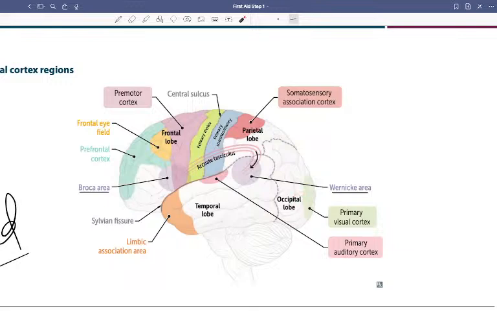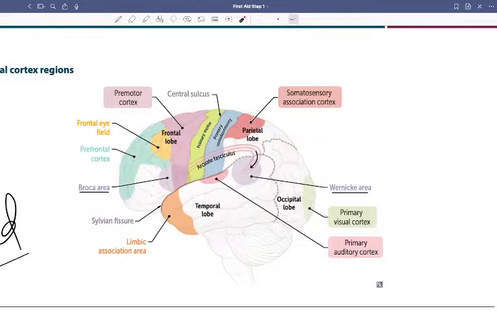Another very important one: here you have the angular gyrus. If anything happens to the angular gyrus, then you get what? Angular gyrus lesion gives Gerstmann syndrome, in which you have agraphia, acalculia and agnosia, spatial disorientation.